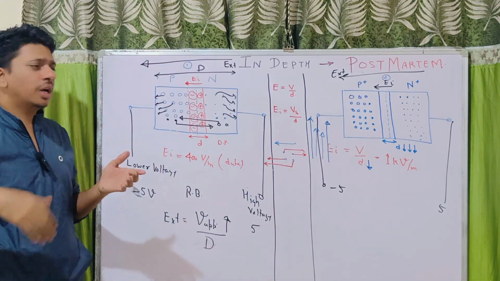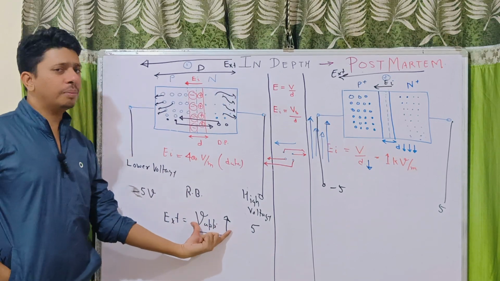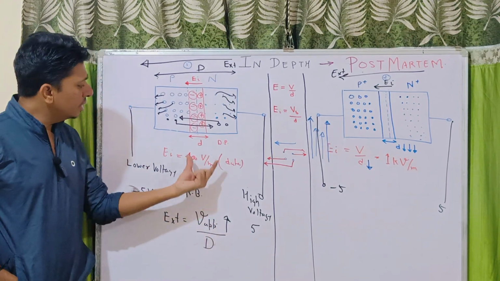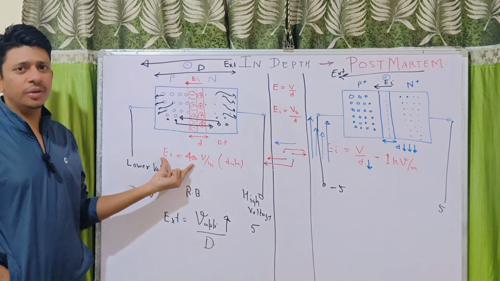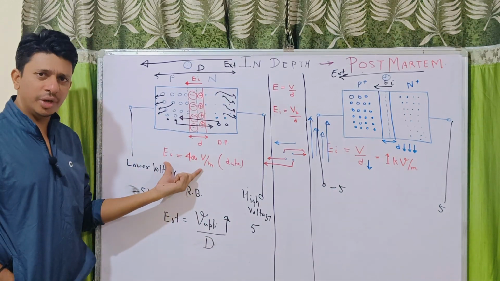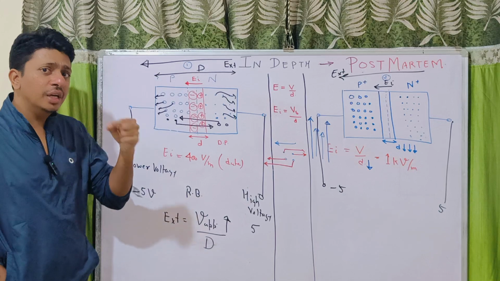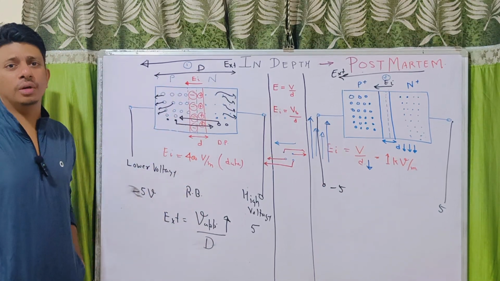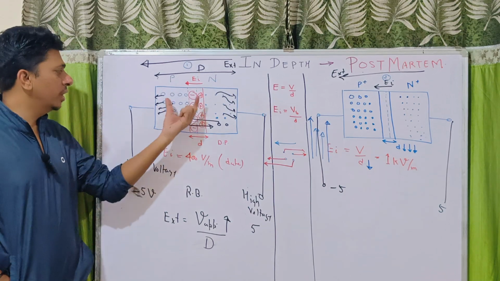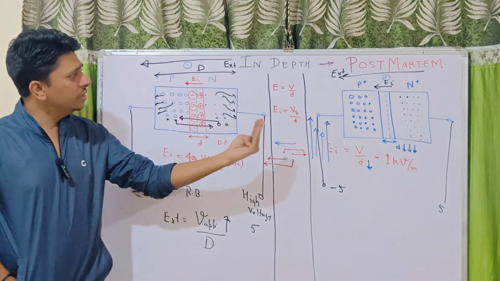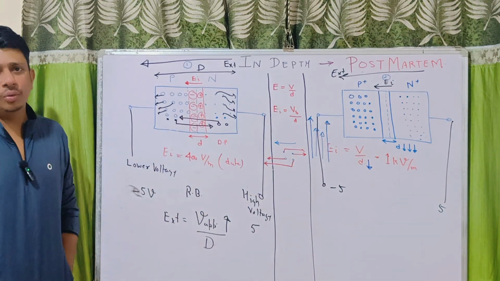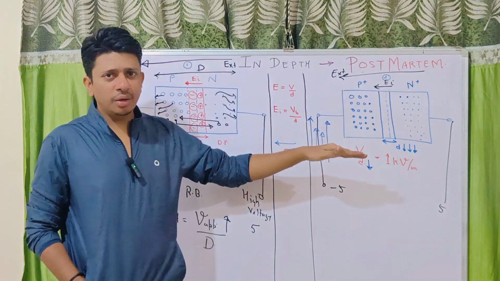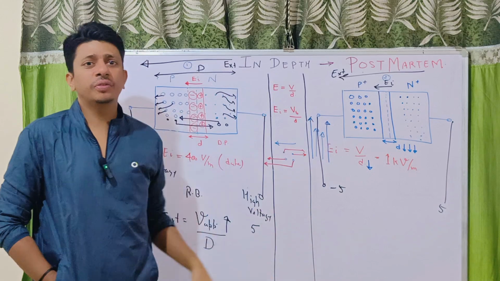This process happens because of the high applied voltage, and because of this V applied there is no enhancement in the electric field, or only a very small enhancement, and that enhancement is not capable of breaking any covalent bond suddenly. This is the difference between these two diodes, and that is why this is called the avalanche diode and this is called the Zener diode. This is the basic difference.